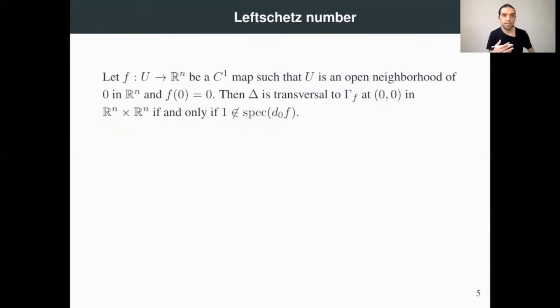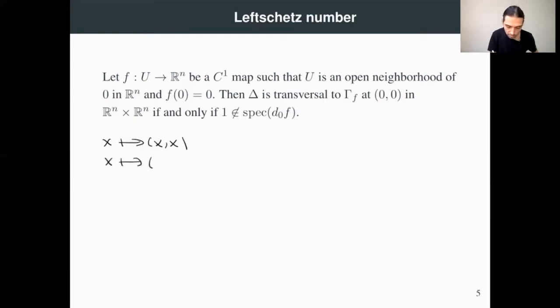Okay, and it is very easy to convince ourselves of this. You have to think that the diagonal is the image by this map. This is a parametrization of the diagonal. We can also consider a parametrization of the graph.